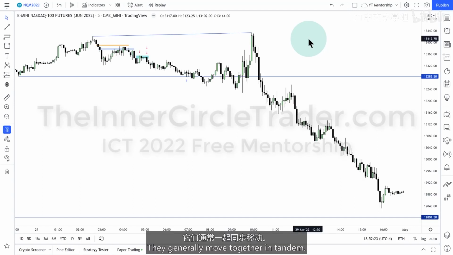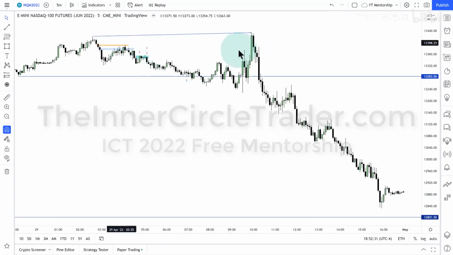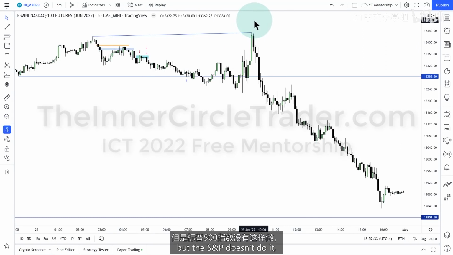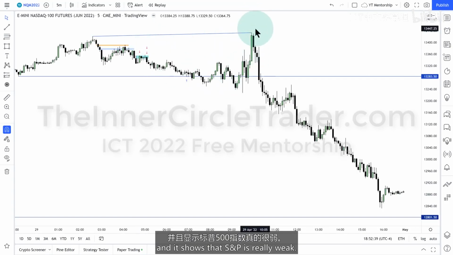They generally move together in tandem. Not all the time. So if we're bearish and we're expecting lower prices and we see this, but the S&P doesn't do it, that's showing you that this is a stop run, and it shows that S&P is really weak.